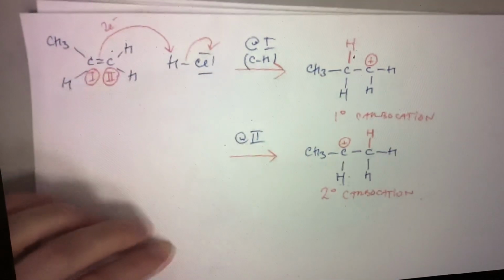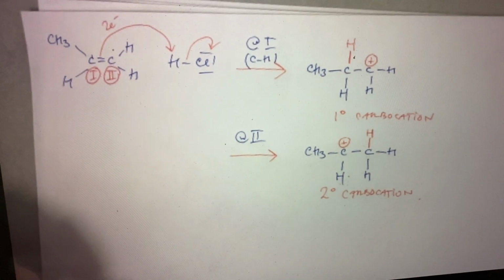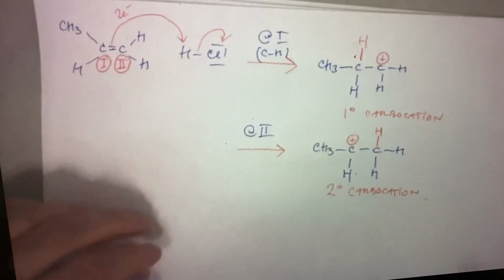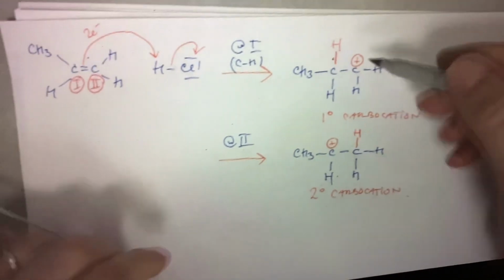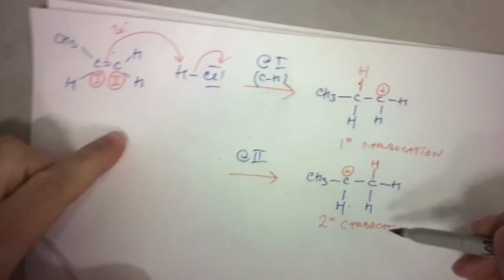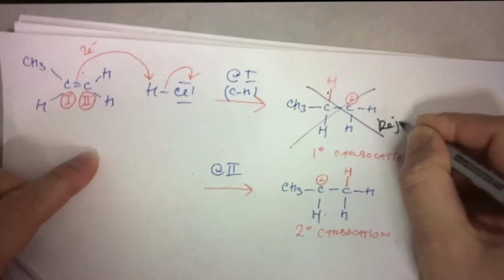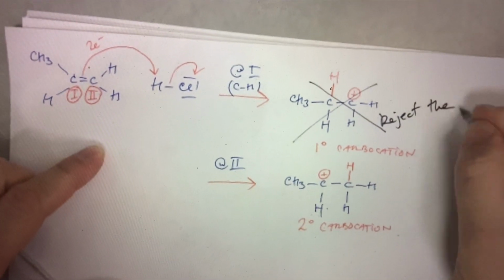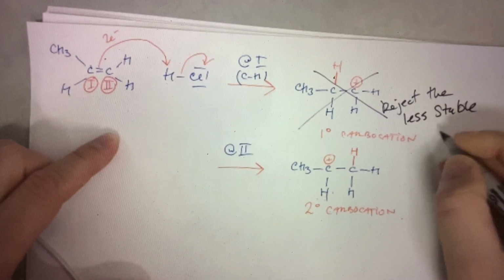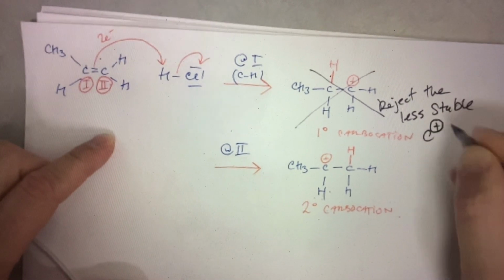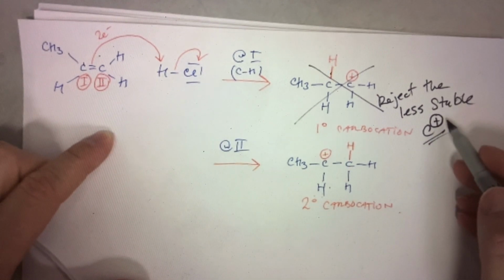And lucky for us, these follow the exact same radical stability trend that we learned about. So when we start these reactions, we're going to explore both possibilities, and then after we draw these on paper, we pick the better of the two, and what we'll do is we're simply going to reject the less stable carbocation.